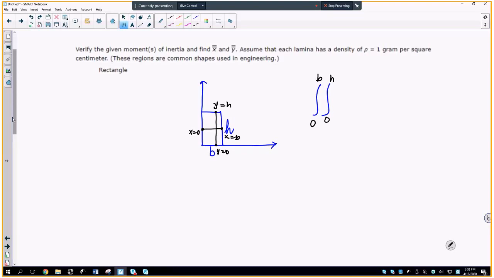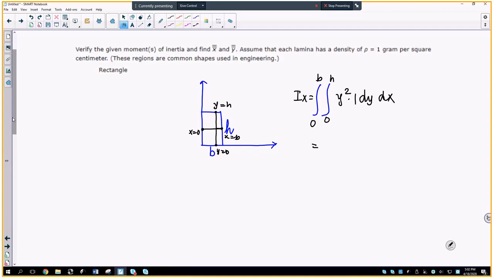And you have your y squared when you are finding Ix. I integrate with respect to y first, then with respect to x, because the density function is the constant function 1. So that's as simple as Ix. Let's see how much we get.